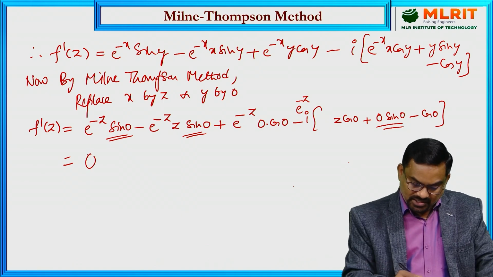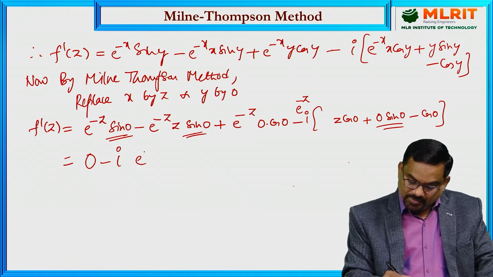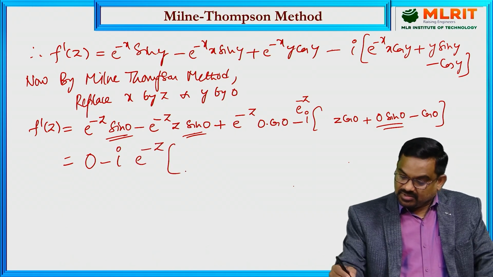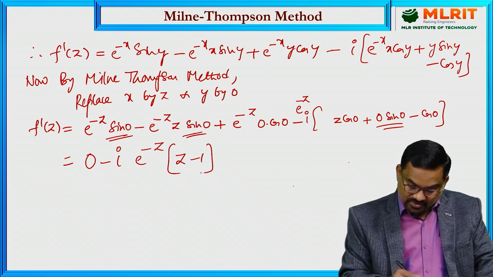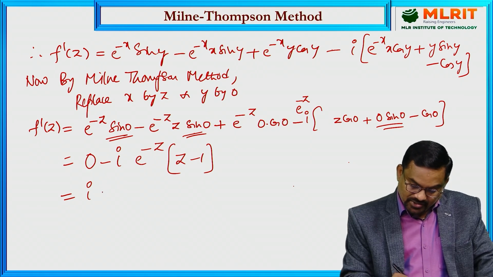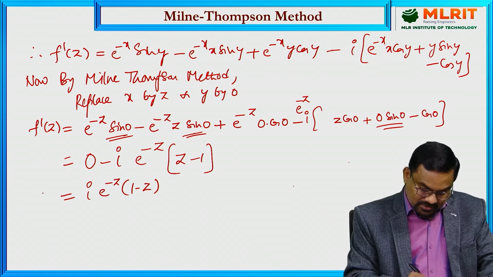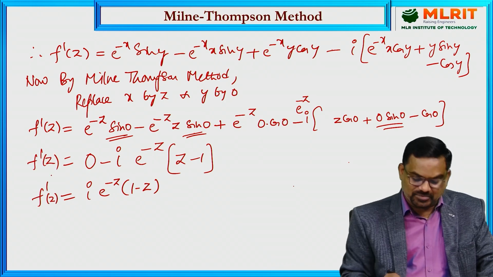So, completely the first term is 0, minus i into e power minus z into cos 0 is 1. So, z minus 1. So, finally, f dash z is i into e power minus z into 1 minus z. So, f dash z is completely, or exclusively, in terms of z.